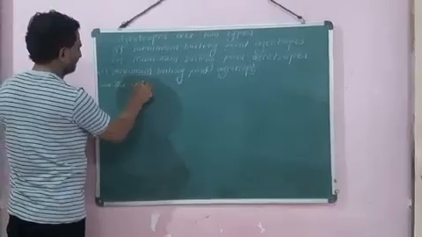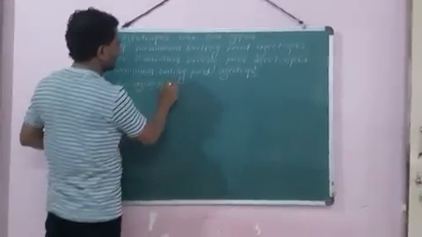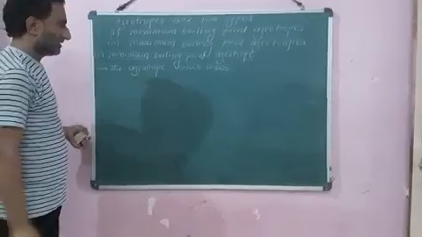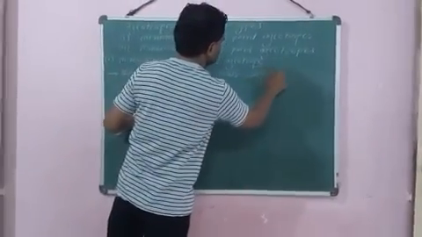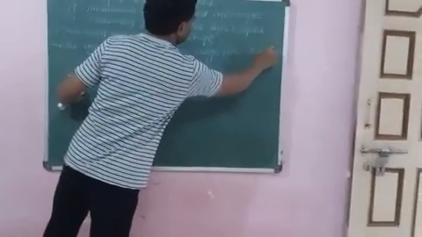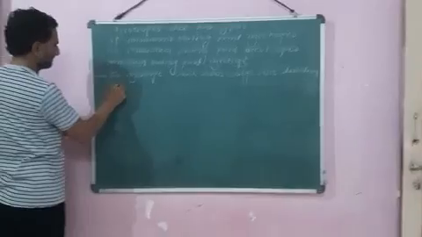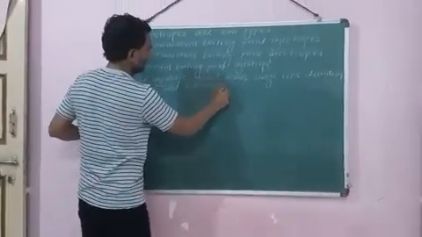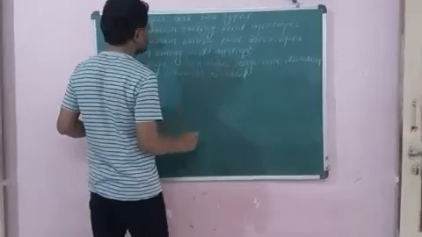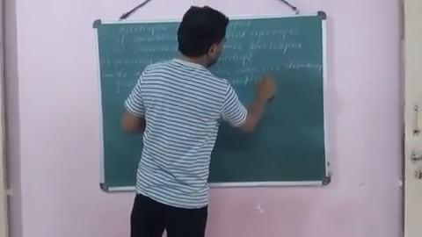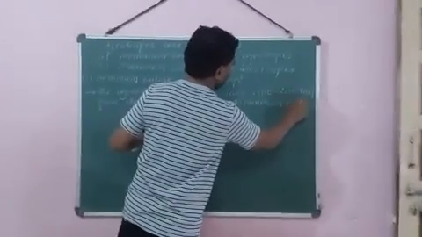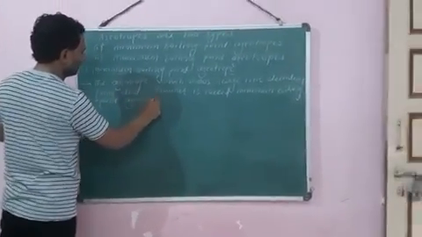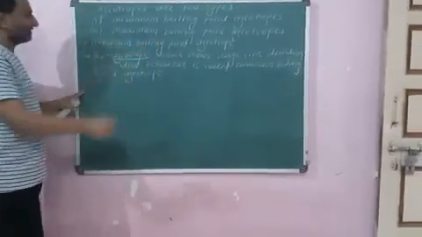The azeotrope which shows large positive deviation from ideal behavior is called a minimum boiling point azeotrope.